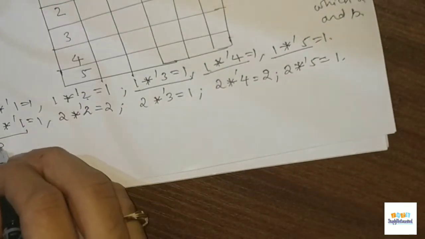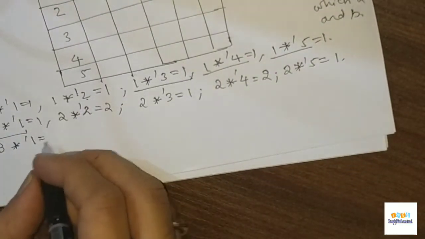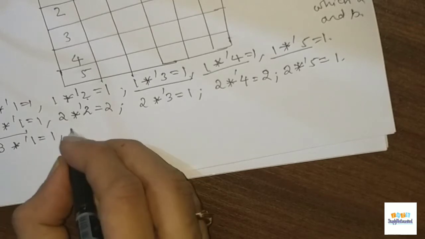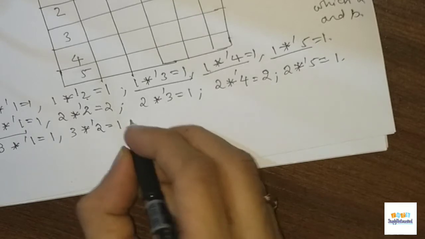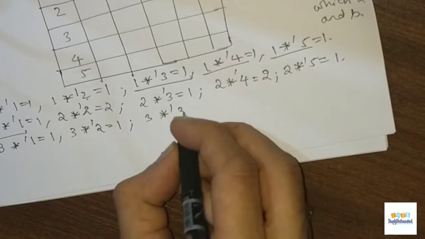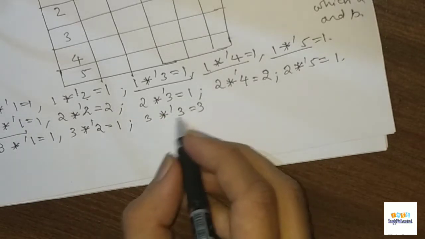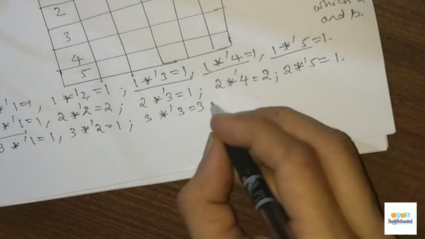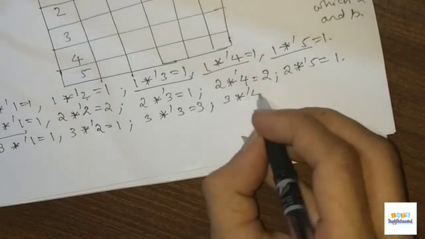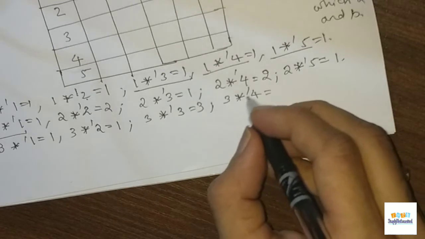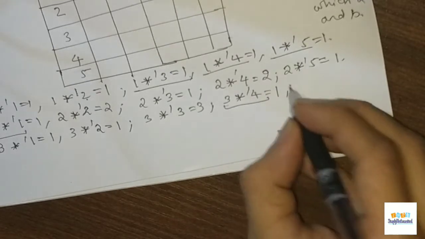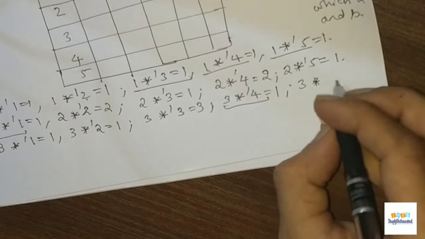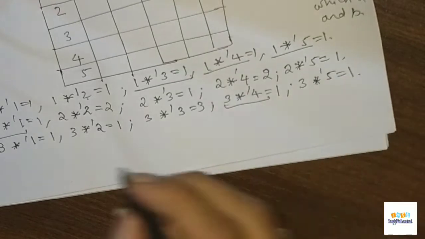Similarly, 3 star prime 1 is 1, 3 star prime 2 is 1, 3 star prime 3 is 3, since the highest number which divides both 3 and 3 is 3. Then 3 star prime 4 is 1, and 3 star prime 5 is again 1.